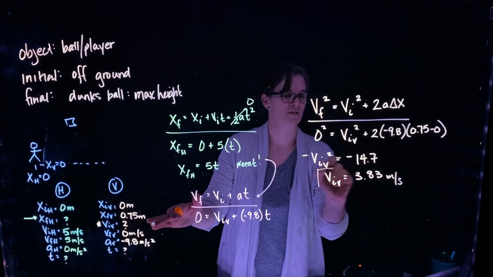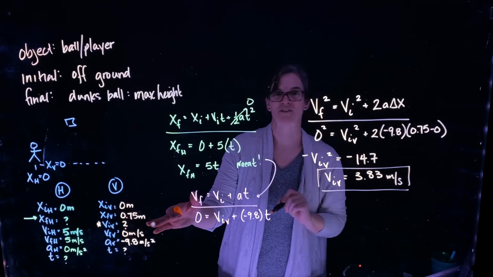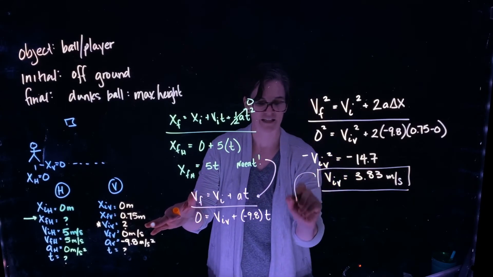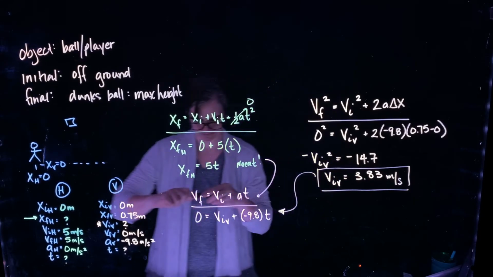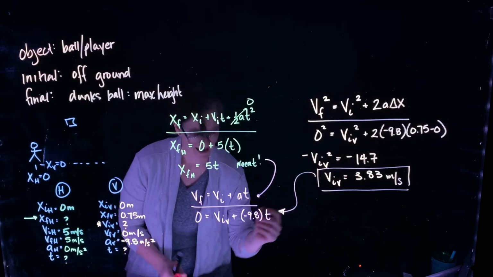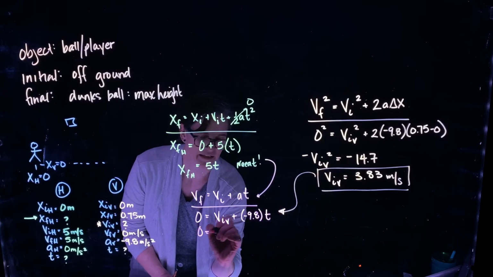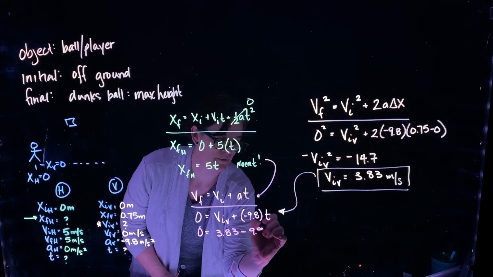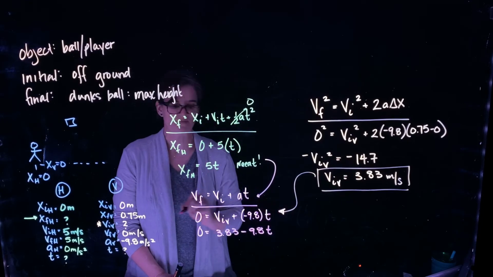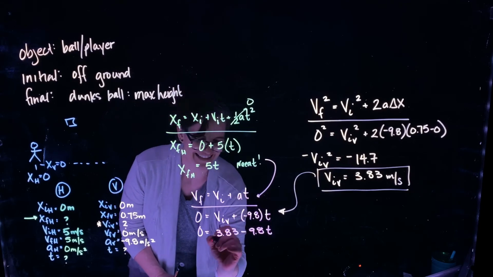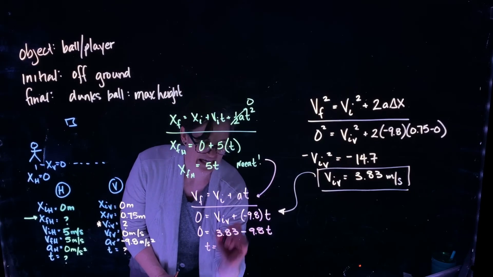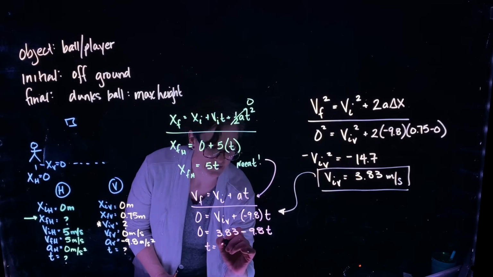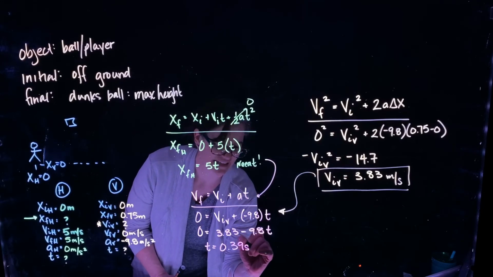I need to know the initial velocity in the vertical direction. And now I can use that to get my time. So I have 0 is equal to 3.83 minus 9.8t. And if I bring that 9.8t over and solve for t, I get time is equal to 0.39 seconds.